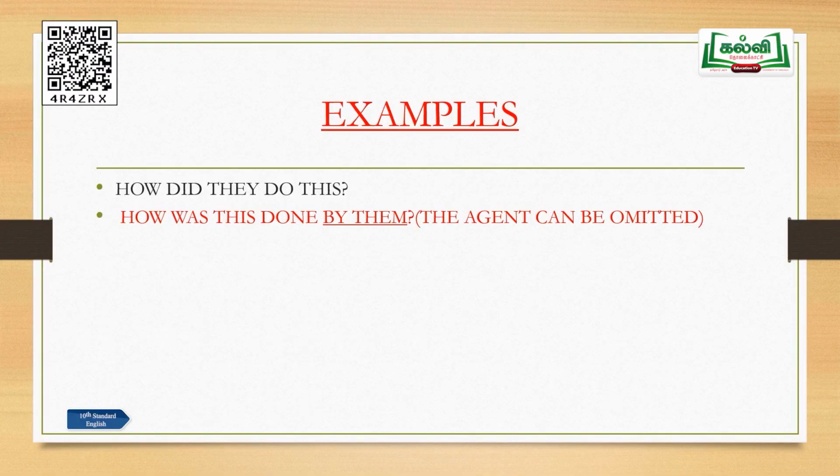So how did they do this in the active voice, and in the passive voice, how was this done? Question mark, that will do. You can omit the agent by them. It's not needed. Even if you write how was this done by them, your answer will not be wrong, children. But it shows a little bit of refinement in the topic if you follow this.